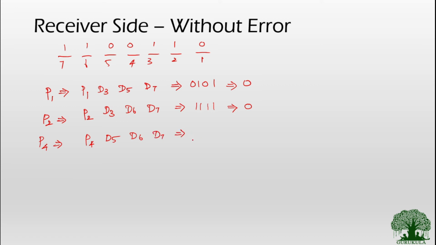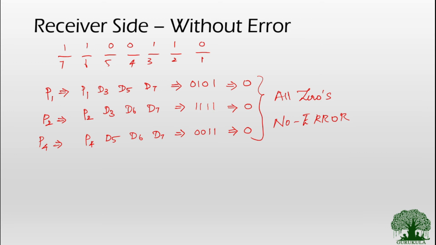Replacing the values of all these P and D values, I get 0, 0, 1, 1. Assigning even parity, I already have an even number of ones, so I assign 0. When you encounter all zeros, that represents that there is exactly no error in the received bits. That is how the sequence of values is processed at the receiver side.